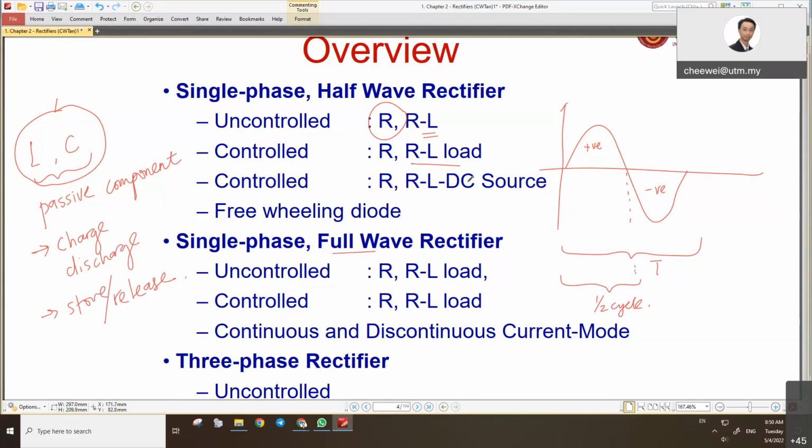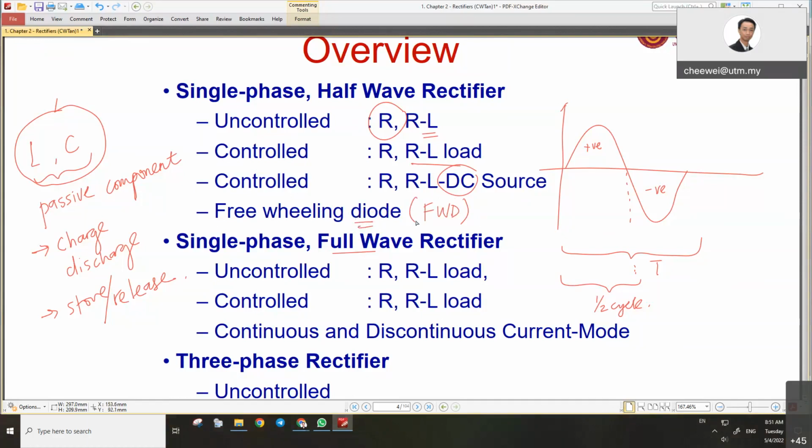And then if you have another DC source connected to the load of the rectifier, then it will be another story again. So 3 of them that we're going to see. What about if you're adding another diode inside? This is known as the freewheeling diode, in short FWD. So in chapter 2, if we say FWD, it is just a diode, the freewheeling diode.